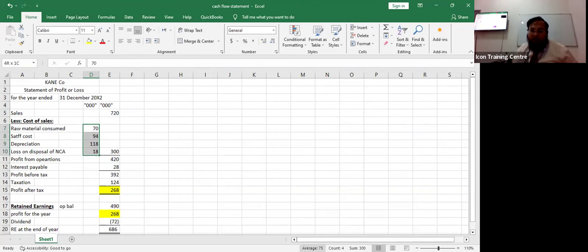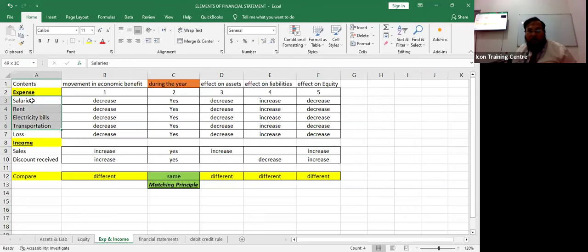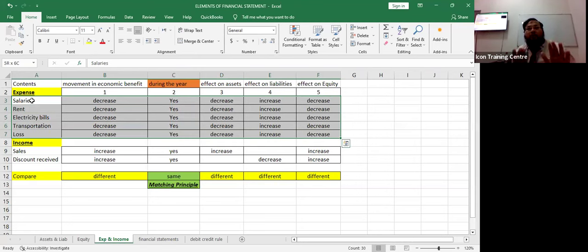Why? Because we have discussed the definition of expense. Just have a look, please. The definition of expenses: it is a decrease in the economic benefit during the accounting period. It can decrease your asset, it can increase your liability. It has a negative impact on the equity, but there is no information related to cash.